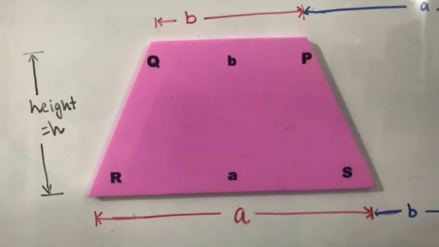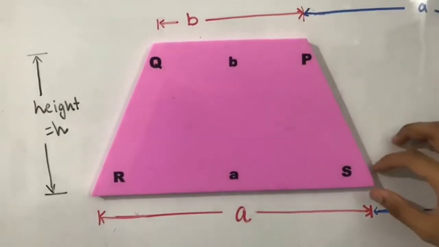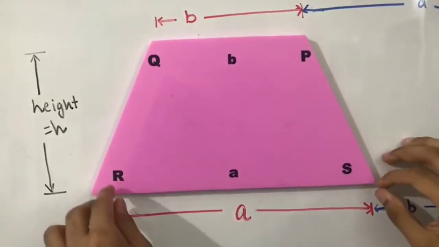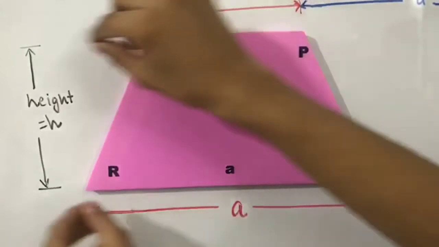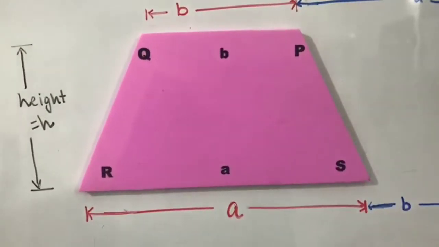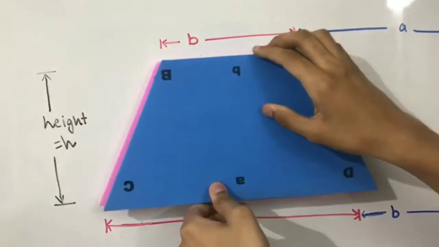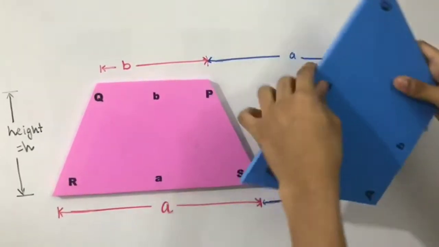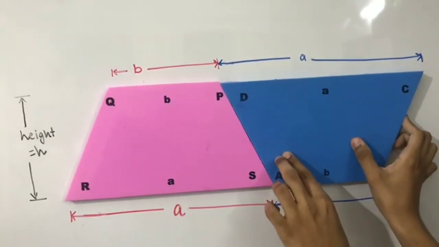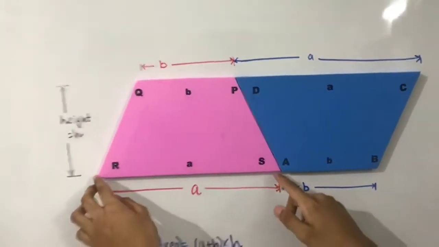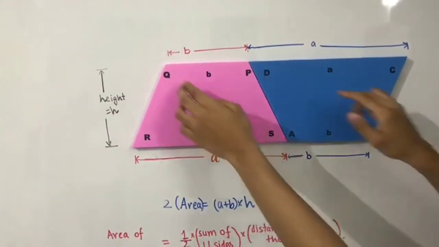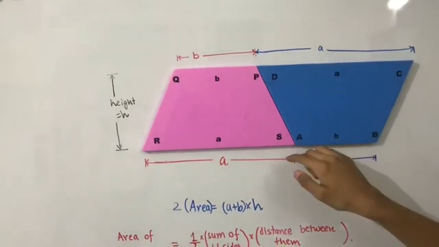So I need to find the area of a trapezium. For that I take a trapezium with parallel sides of length A and B. The distance between the parallel sides is H. I take another trapezium, identical and congruent, and put it like this. The final figure formed is a parallelogram, whose base is A plus B, and this side is also A plus B, and they are parallel.